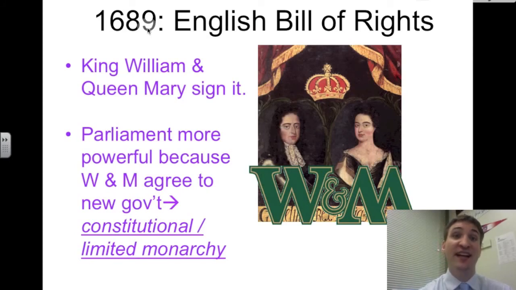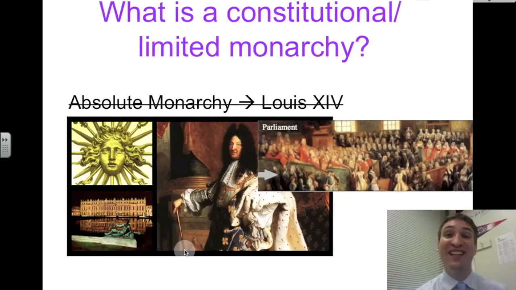So in 1689, these two, who William and Mary, the college in Virginia, are named after, they sign the English Bill of Rights, and Parliament becomes more powerful. And there is a constitutional or limited monarchy now in England. What is a constitutional or limited monarchy?